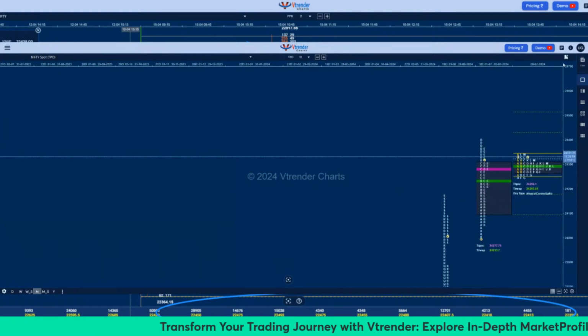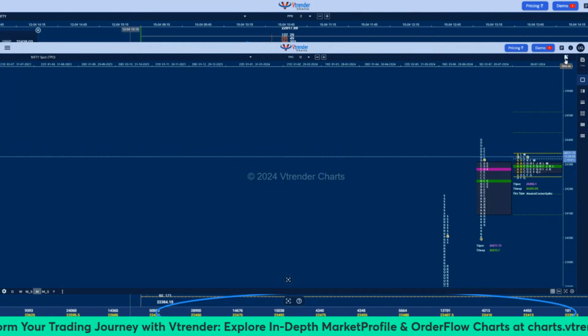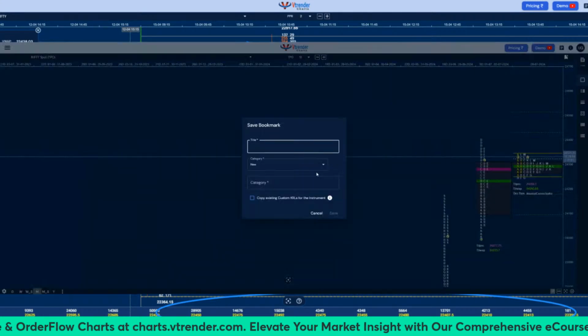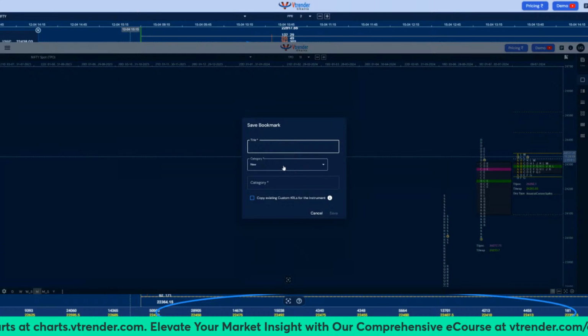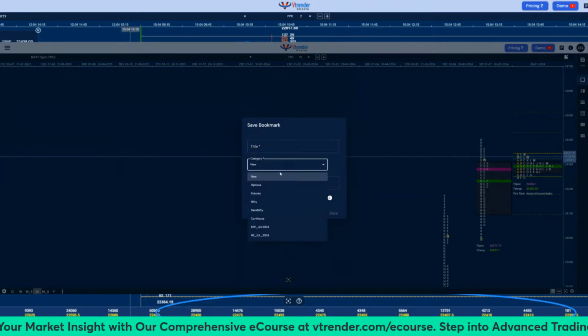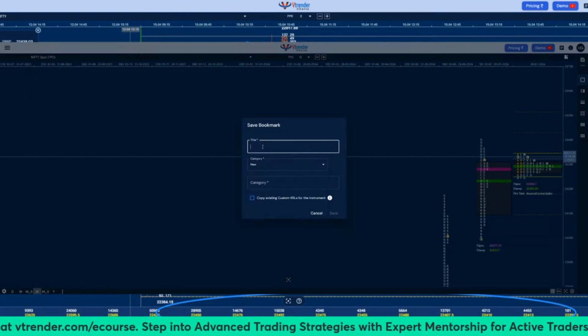And how do you save this? You have an option on the top right to save these charts, and you can bookmark them so that you don't need to again and again go to that time frame and then watch the monthly chart. By one click, you should be able to save this chart. You have categories wherein you can add a new category. I have already saved one category named Nifty, and then you can put in the title.